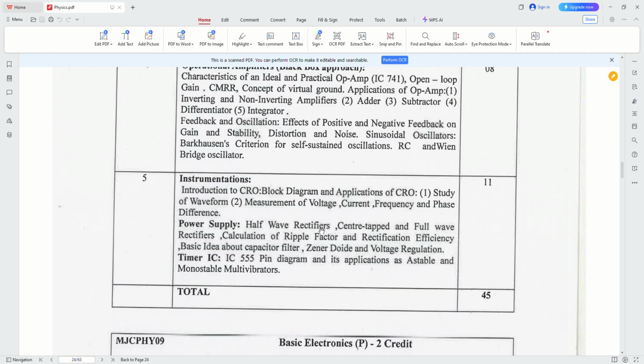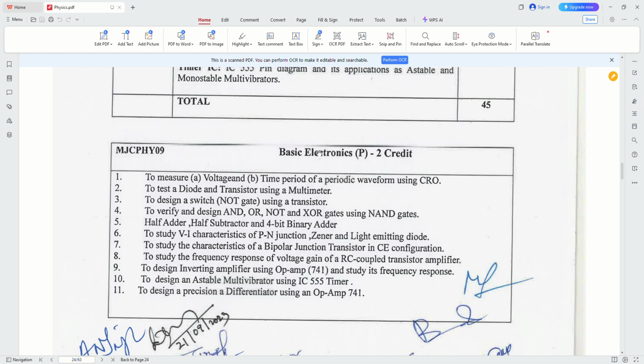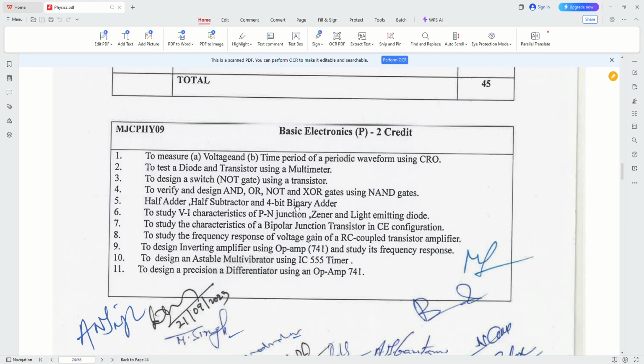Power supply: half wave rectifier, center tapped and full wave rectifier, calculation of ripple factor and rectification efficiency, basic idea about capacitor filter, Zener diode and voltage regulation. Timer: IC 555 pin diagram and its application as astable and monostable multivibrators. So you see these practicals: measure voltage, time period of waveforms using CRO. So this is also to be read.